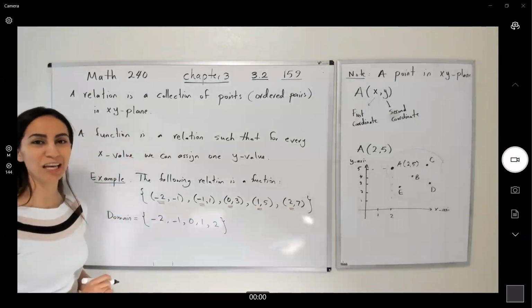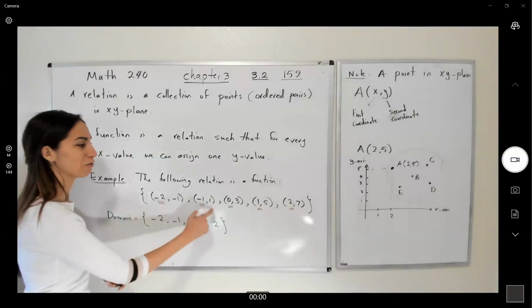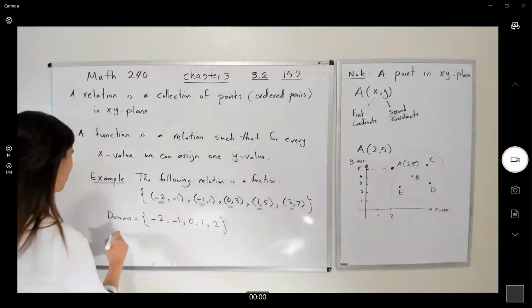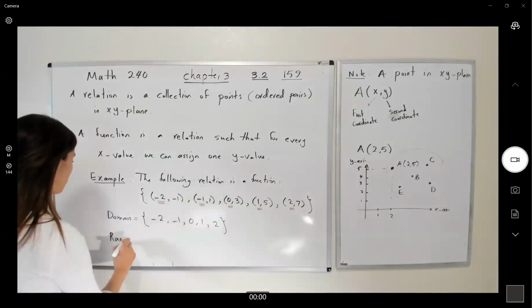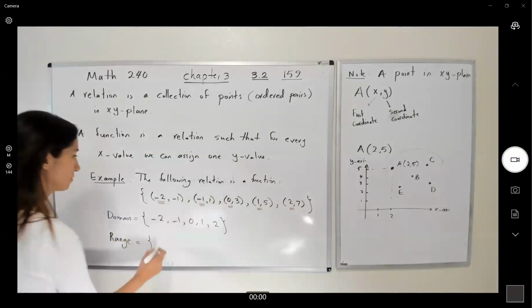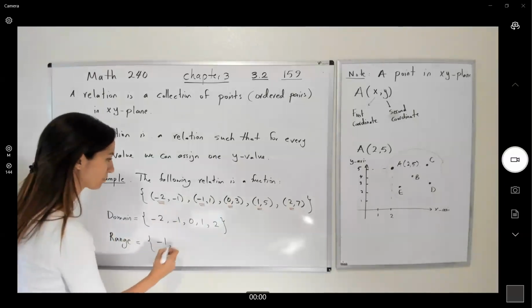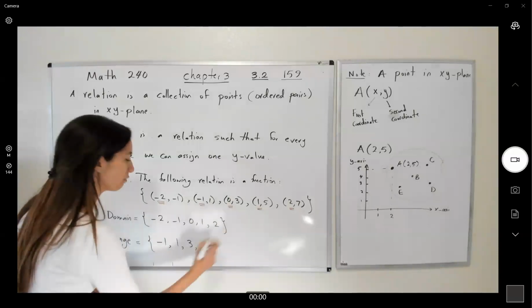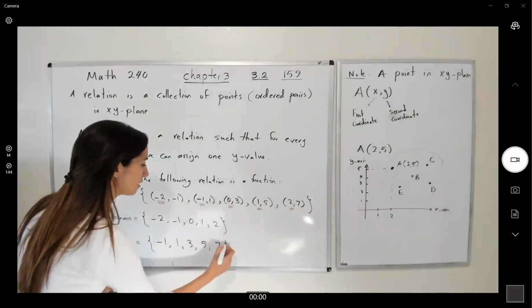We also have a name for the collection of all y values. We call it the range of the function: -1, 1, 3, 5, and 7.